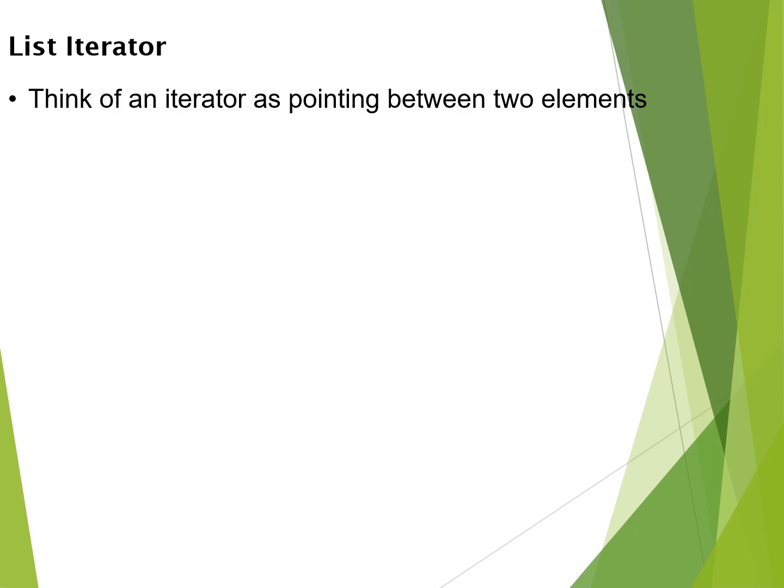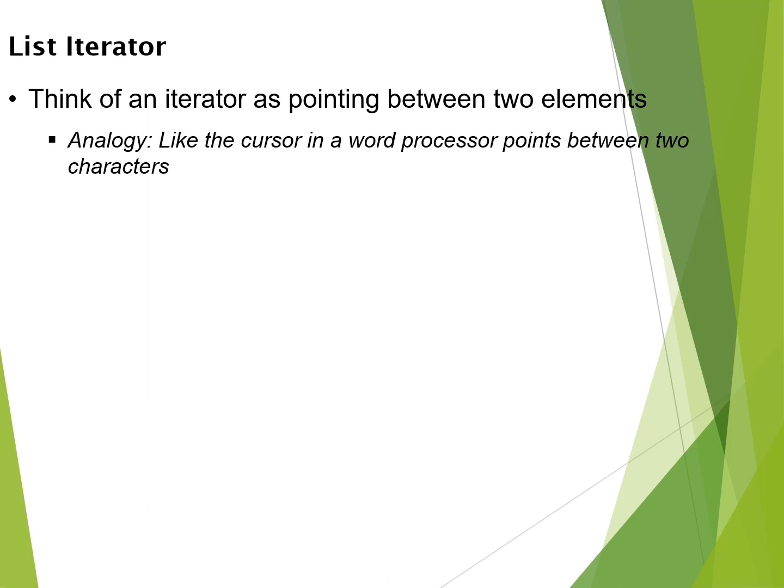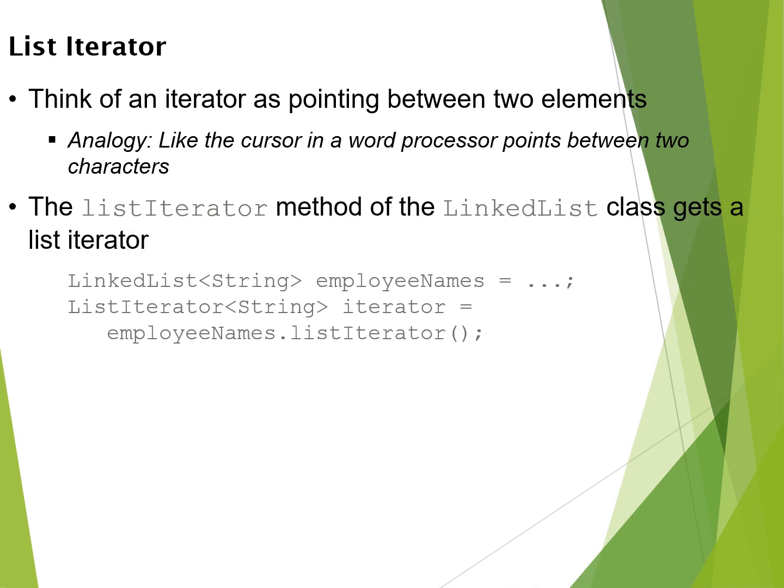So as I said, you need to think of an iterator as pointing between 2 elements. A good analogy is a cursor in a word processor or word editor, which points between 2 characters. Also, the list iterator that points to a position inside the linked list can be obtained by calling the list iterator method on that linked list.